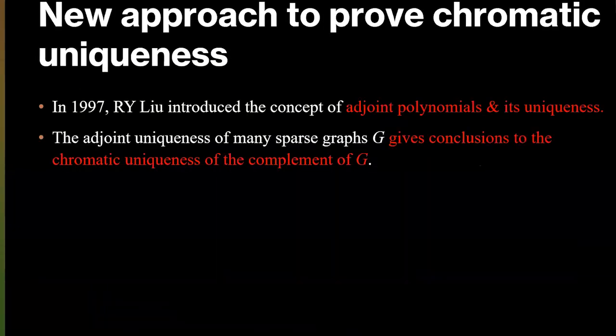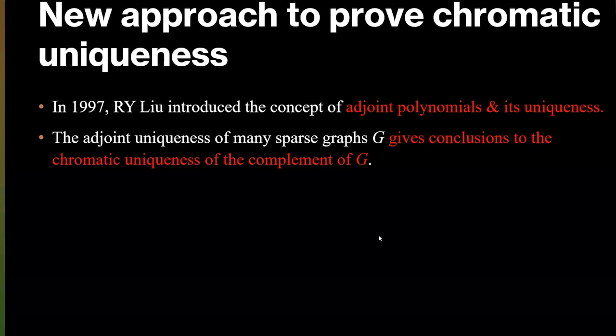Now, the reason I talked about the chromatic polynomial just now is that my idea came from the concept of the adjoint polynomial introduced by R.Y. Liu in 1997. He studied the adjoint polynomial of a graph and the uniqueness of the graph, and it turns out the conclusions can be used to give new graphs that are chromatically unique.